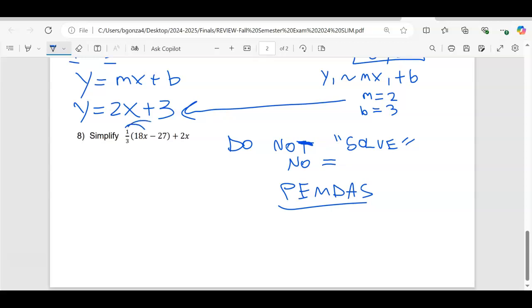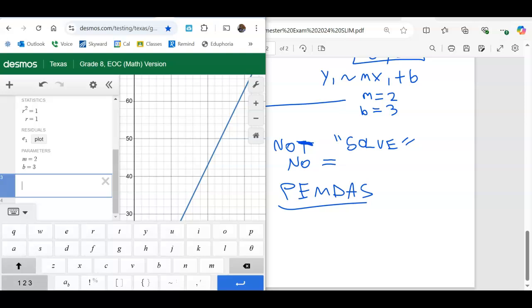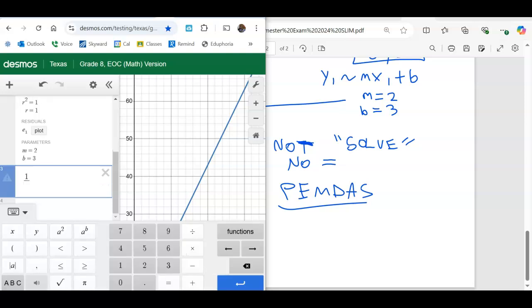So you're actually going to just distribute 1/3 times 18x, and then minus 1/3 times 27 plus 2x. Now what's 1/3 times 18? 6.